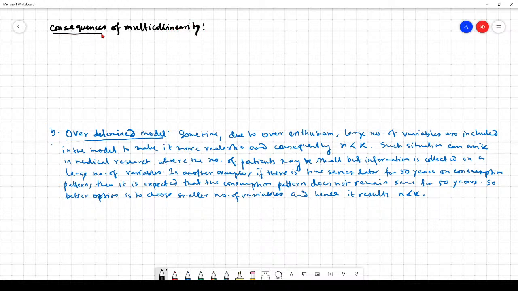Suppose I consider only two explanatory variables, then the model is y equal to beta 1 x1 plus beta 2 x2 plus epsilon. Here I ignore the intercept term.